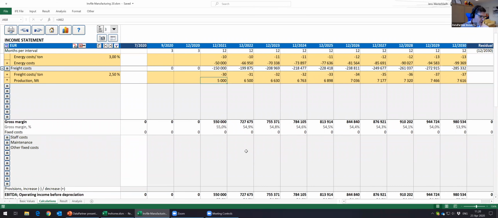So for personnel, it will begin already from 1st of October. They will be hired 3 months prior to the start of operations. So the cost is 100,000 per year, but this is a quarter, so it's minus 25,000.